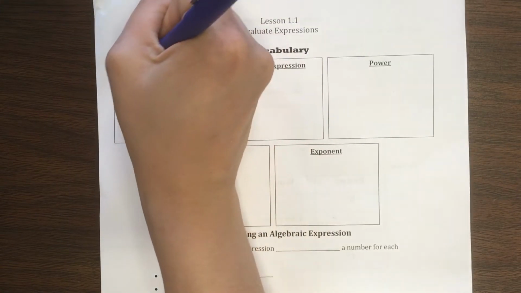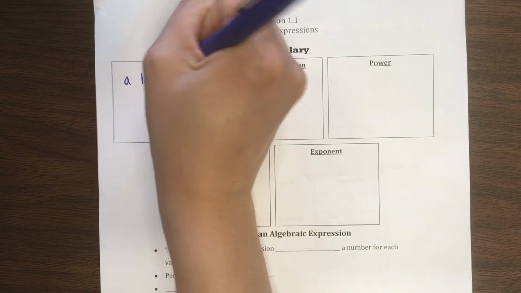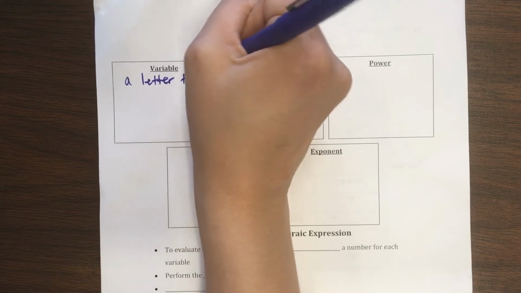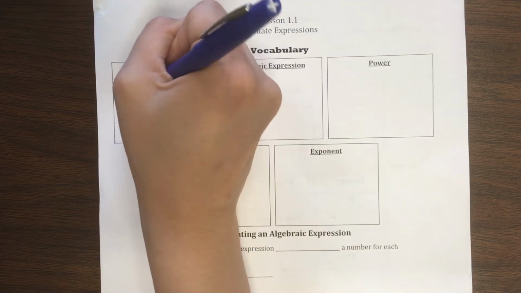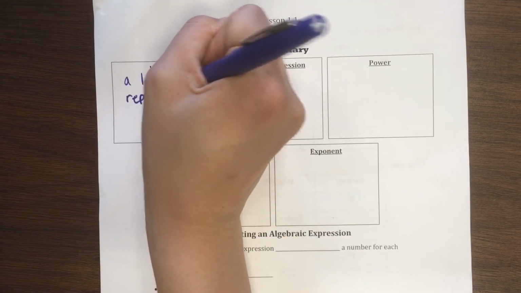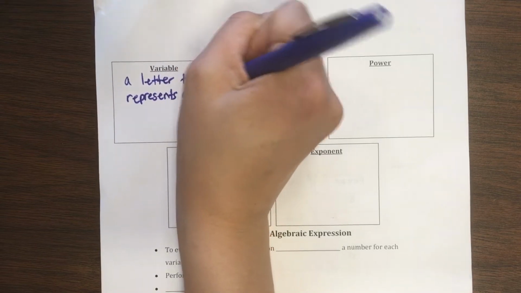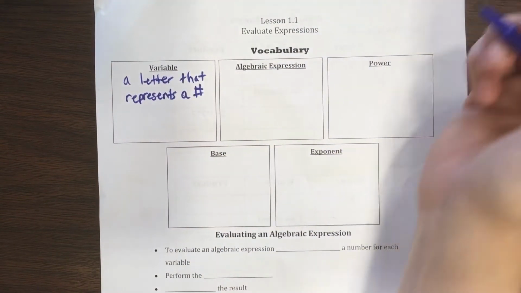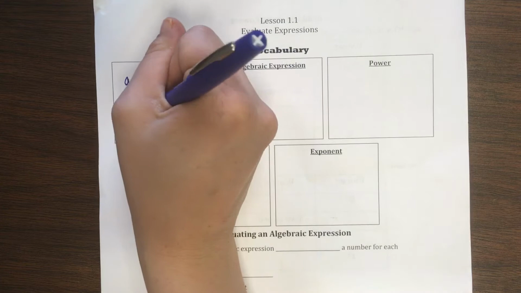A variable is a letter that represents a number. For example, the most common variable that you guys will see is usually x.